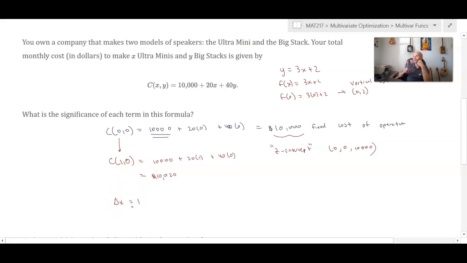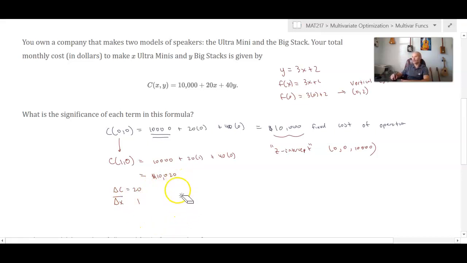equals 1. The change in cost is equal to $20, and if you increased it to 2, it would be $10,040. And so the ratio of the change in cost to the change in x is 20 over 1.